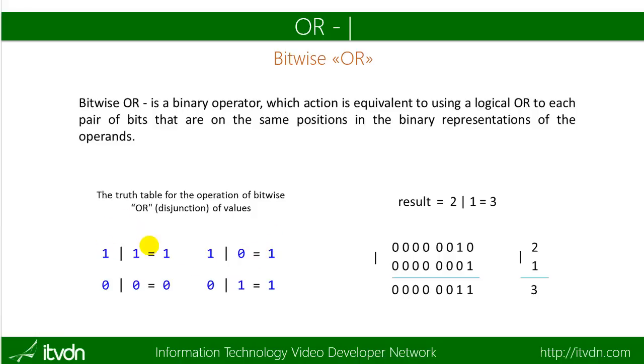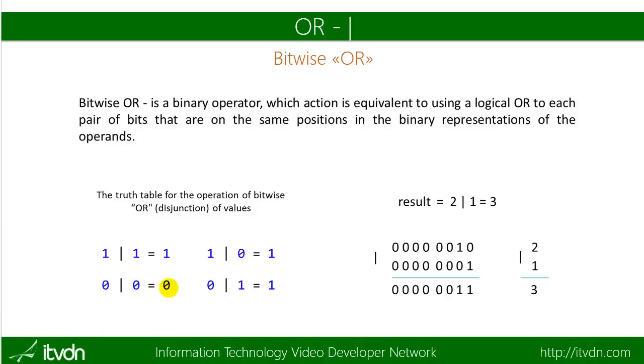And if both of them are 1, of course you'll have 1. But if none of them is 1, we'll get a 0 result. So in this case, only one case can be false. All the 3 other cases are true, just one case is false.